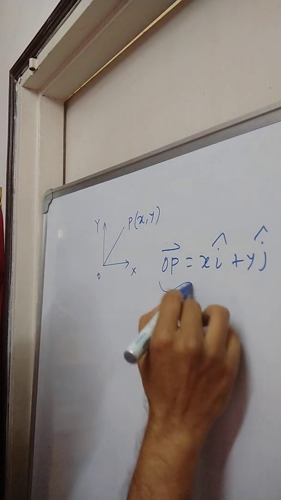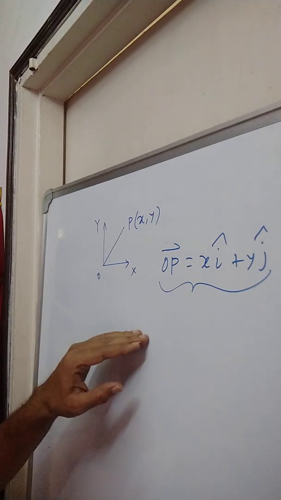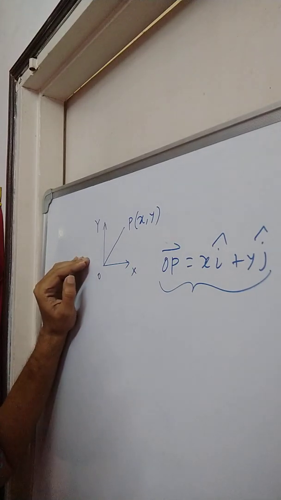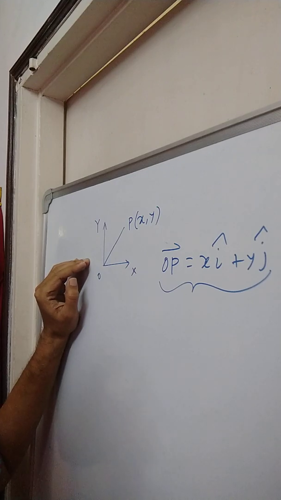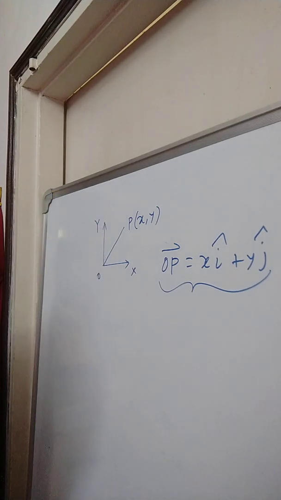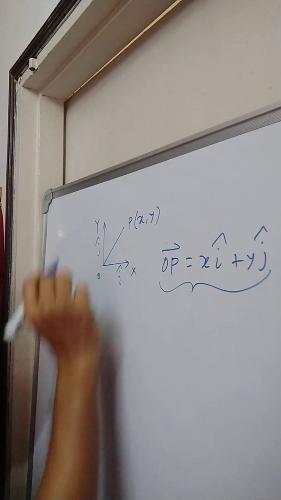Only this expression suffices to express OP as a vector. Why? Because we have this fixed reference frame to designate the direction of OP. i cap and j cap are the fixed unit vectors along x and y axis.